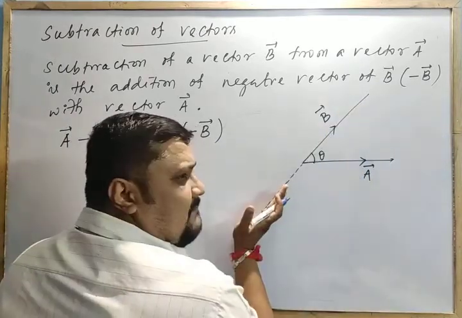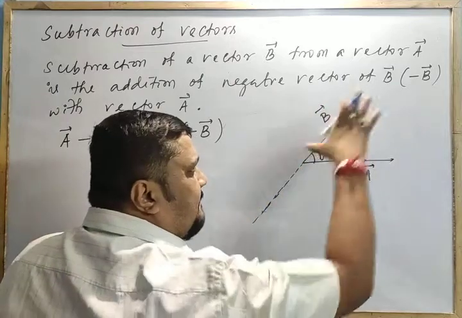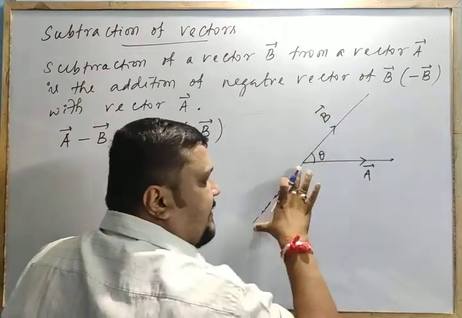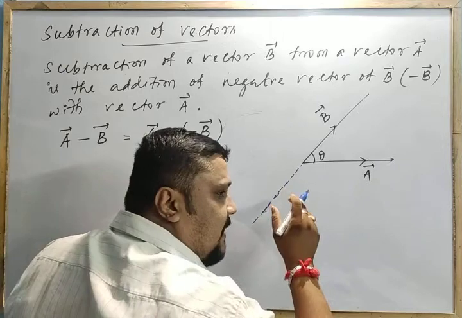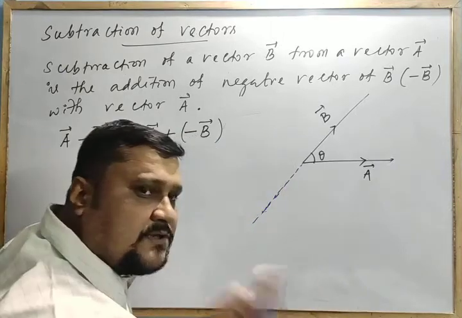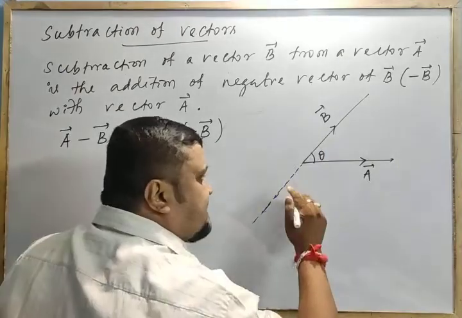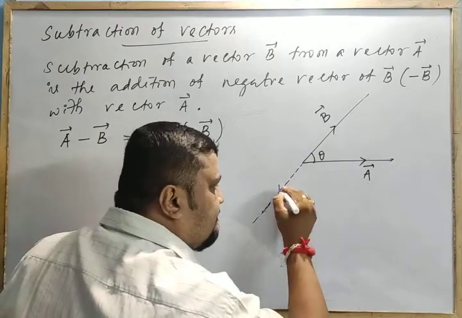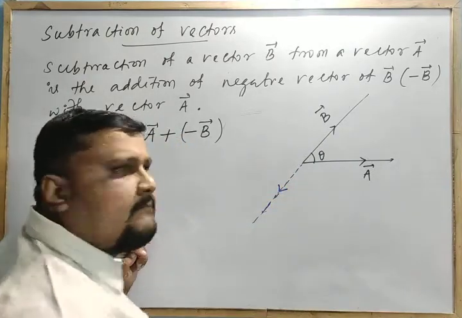Shift this parallel and keep this B vector here. But I want minus B, so the opposite direction, like this. Minus B.